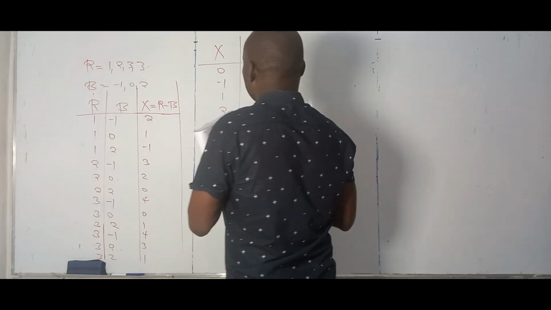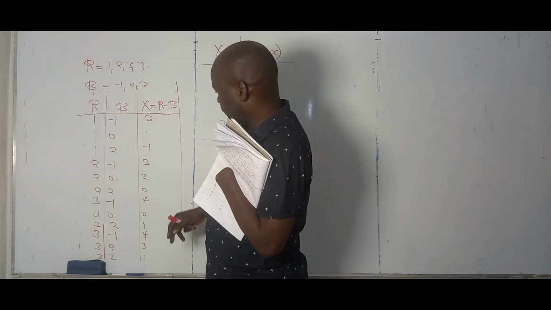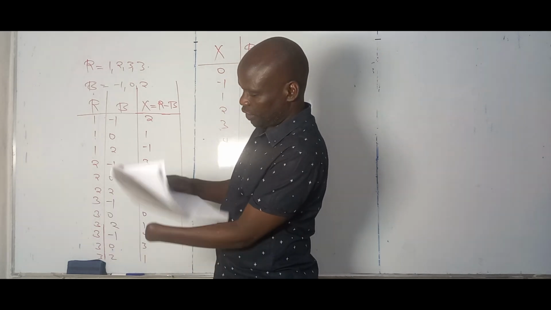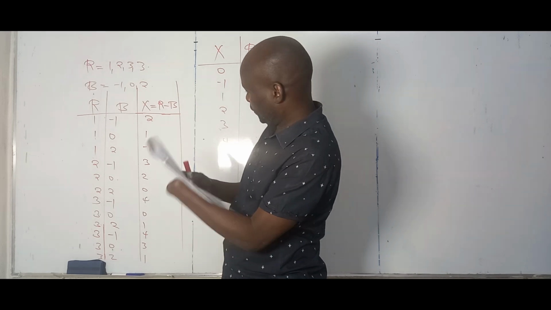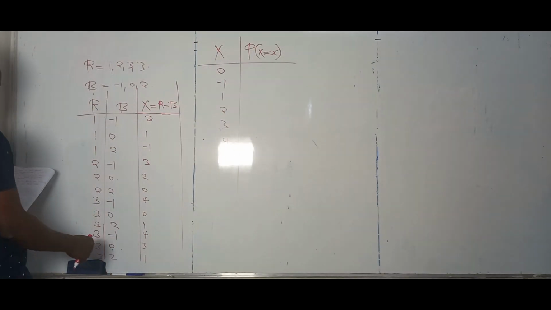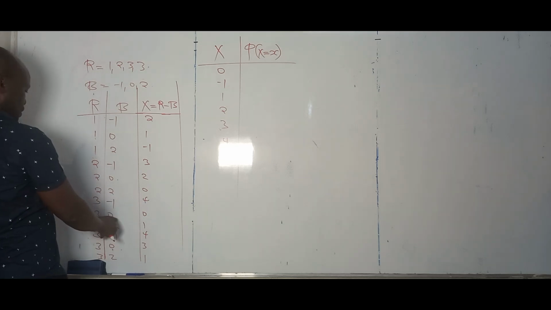So what are the probabilities? How many times do we have 0? From our table, let me just see. There is 0 here, yes. But this other 0 is what?